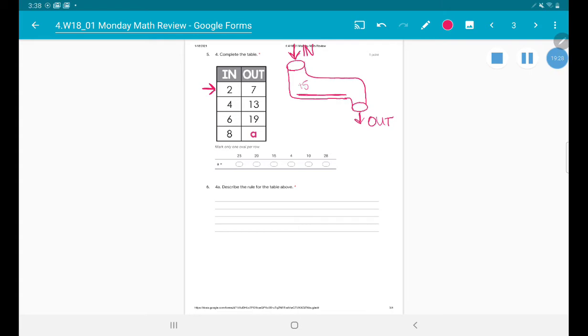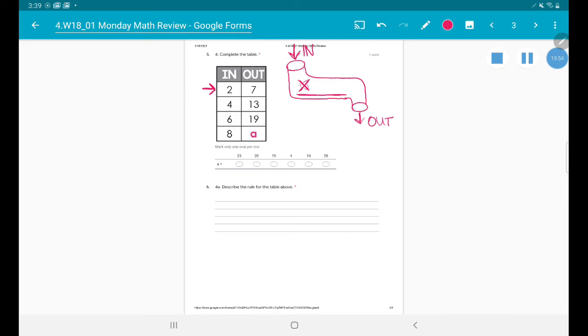So I'm going to check and see if that will work for my next line. If I drop in a 4 and I add 5, 4 plus 5 equals 9. That's not 13. So that's not going to work. So I'm back to the drawing board. I've got to figure out what I can do. Okay, I know my number's getting bigger, so I'm either going to add or multiply.